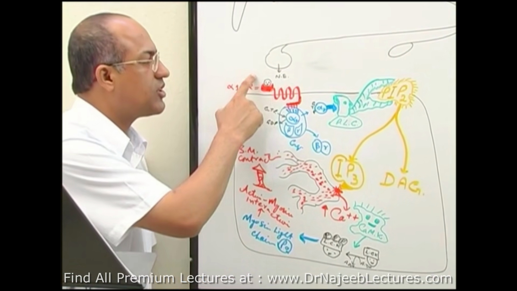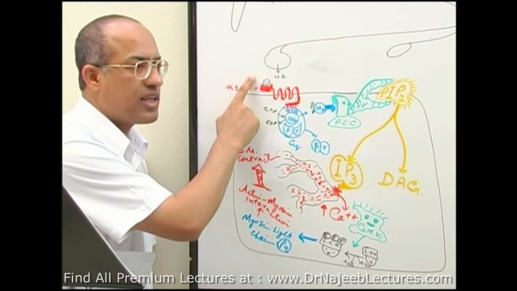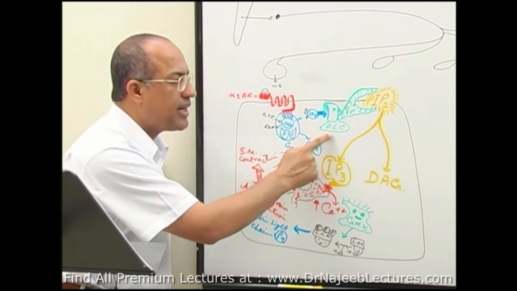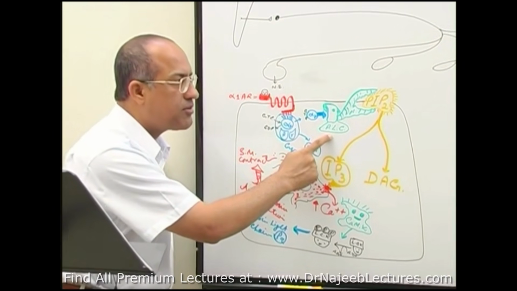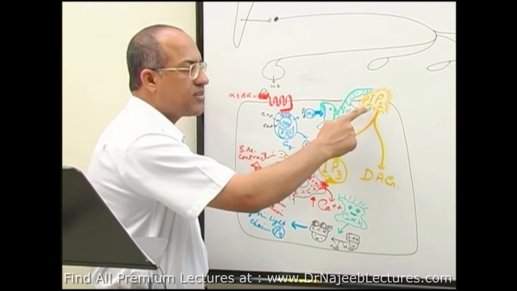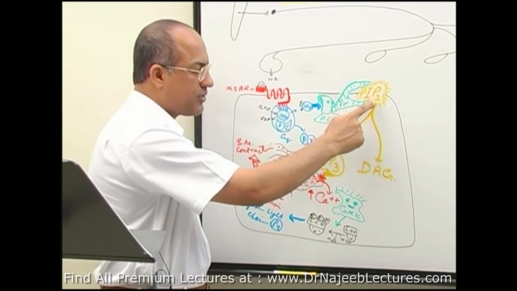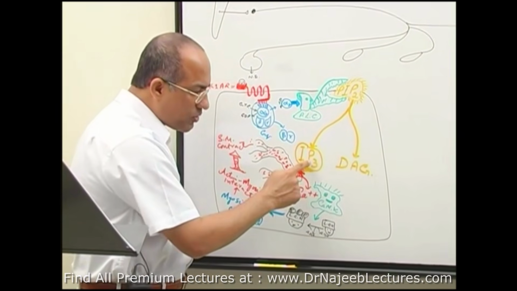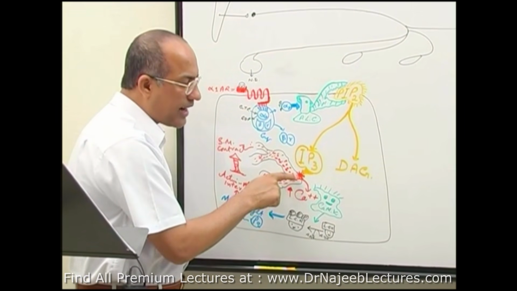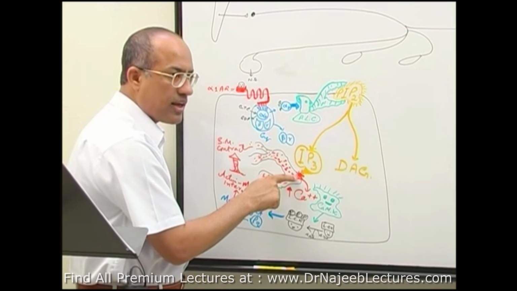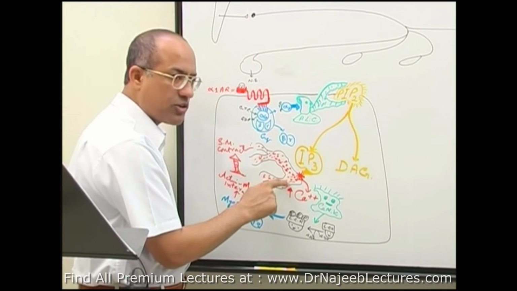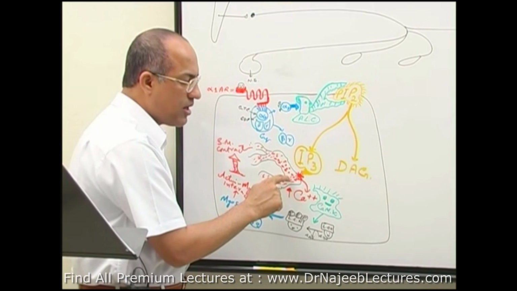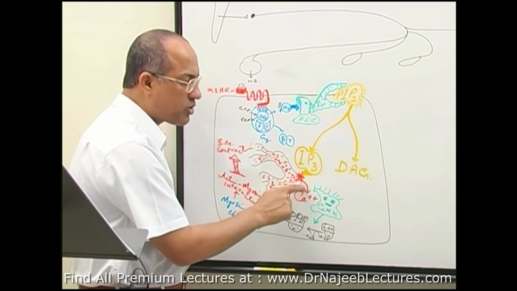Once alpha 1 adrenergic receptors bind with the ligand, they stimulate the Gq protein. The alpha component of Gq stimulates phospholipase C enzyme, which breaks down the intramembranous phosphatidylinositol diphosphate into IP3 and diacylglycerol. What is IP3 doing? IP3 can act on certain calcium exchangers on the endoplasmic reticulum and release the sequestered calcium from the endoplasmic reticulum into the cytosol.